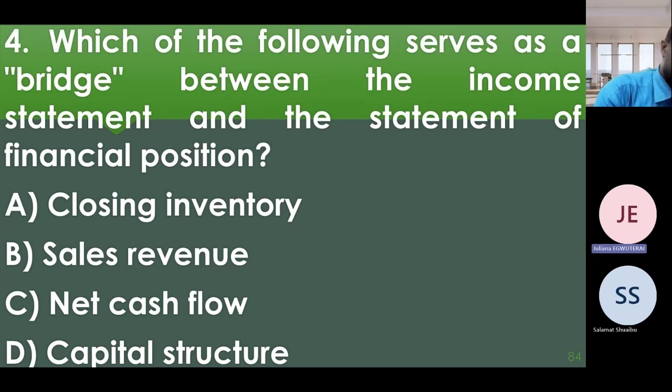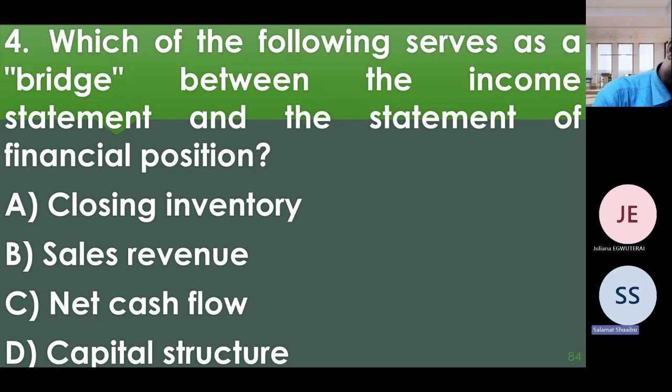S, bridge as in joining them together. Exactly. Actually, it's not net cash flow, so I'll pick my C and stay with it. Okay, S is staying. J, what are you staying with? Accounting is too technical. Sales revenue is not a bridge, and neither is capital structure. Those are bridges as in similarities.